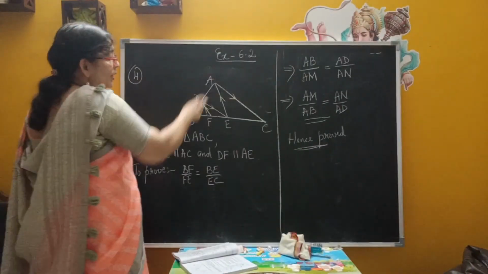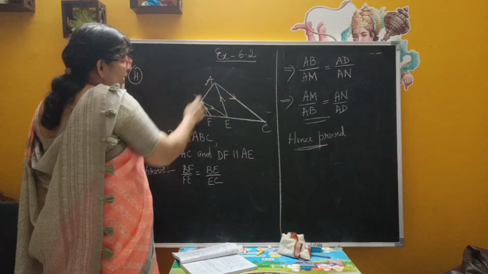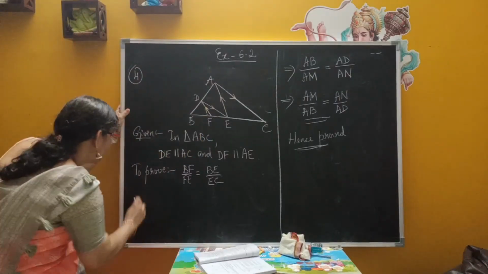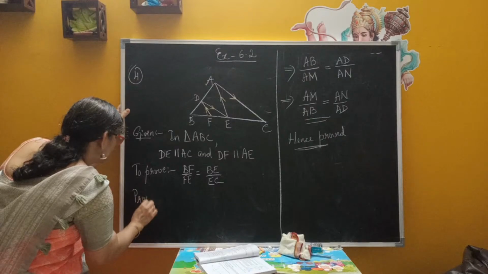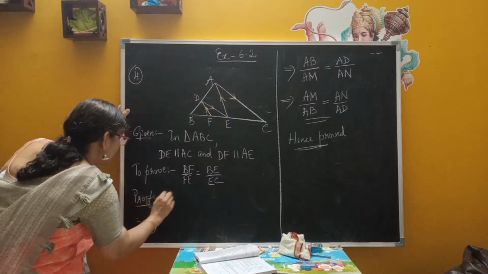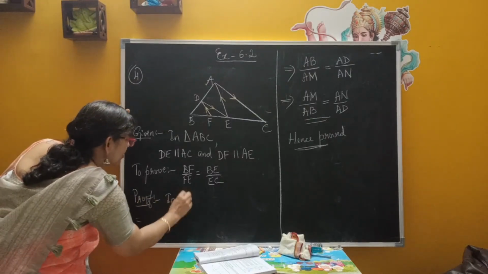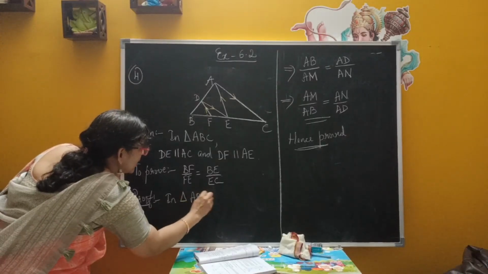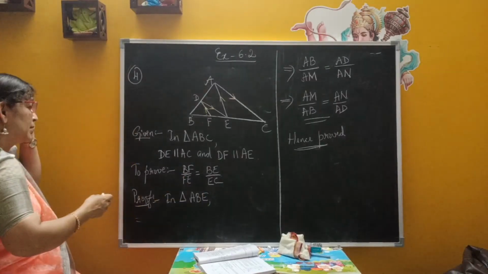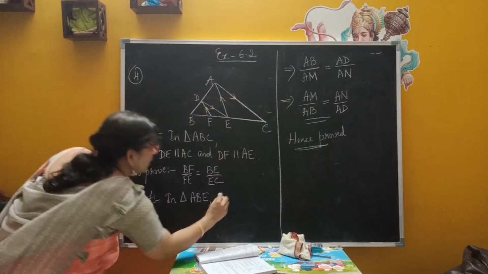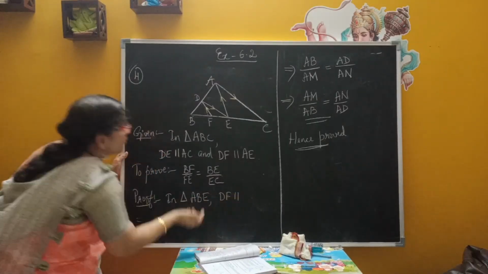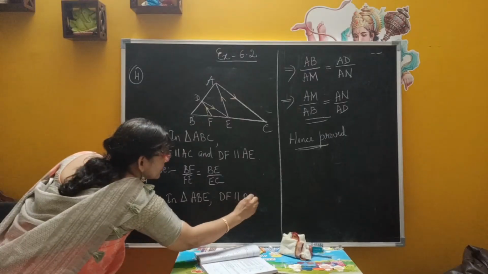Okay. So let us take the first triangle. Which one? ABE. In triangle ABE, which are parallel sides? DF and AE. DF parallel to AE.